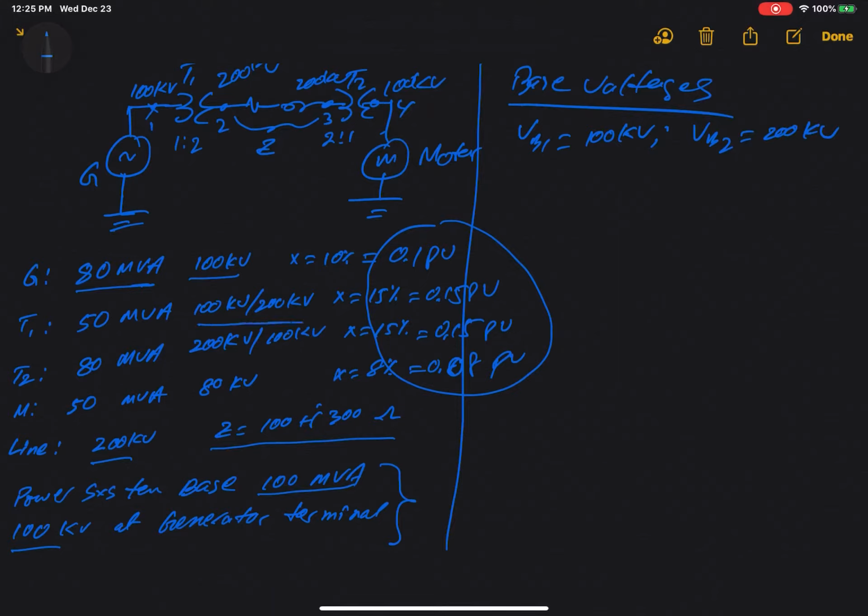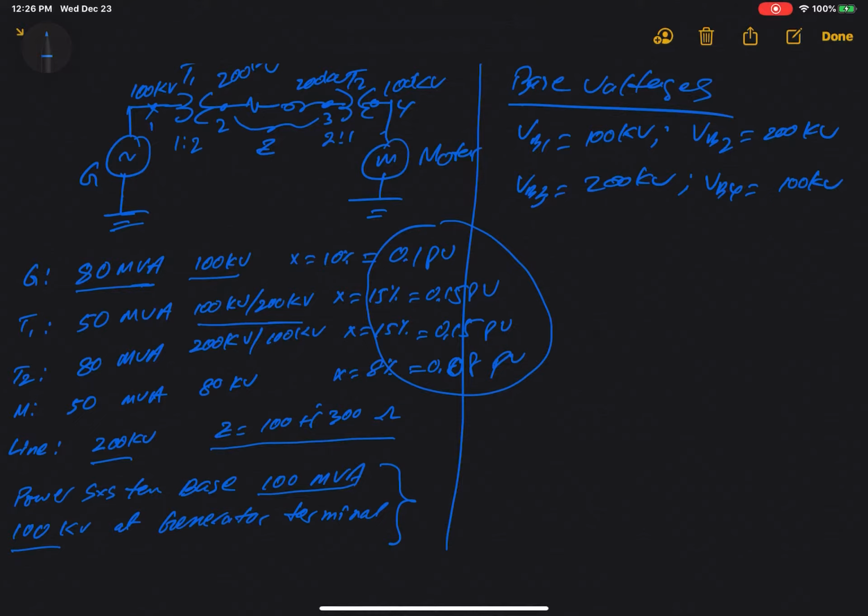You can see that 1 to 2 ratio for the transformer. And your V3 at this point is also 200 kV, assuming there's no loss in the line. And V4 is 100 kV again.